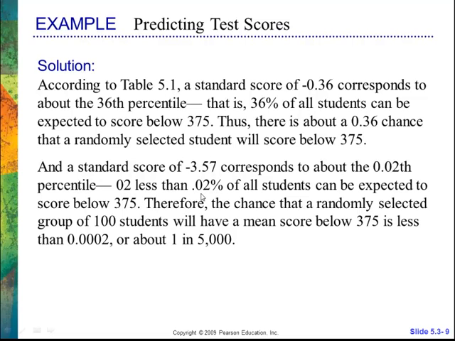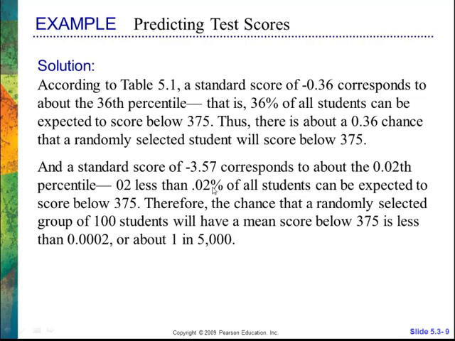So less than 0.02% of all groups, or about a 1 in 5,000 chance, will have a mean score of less than 375. So we can see there's a huge difference in the variation of these two curves.